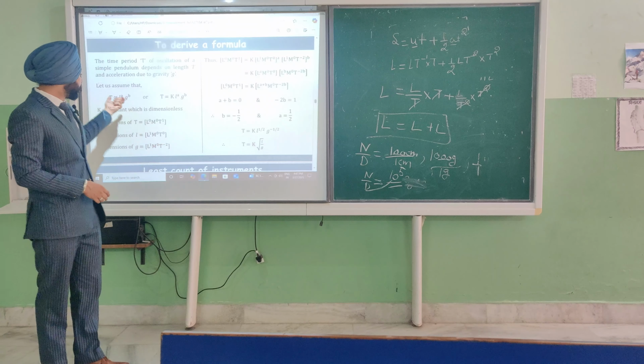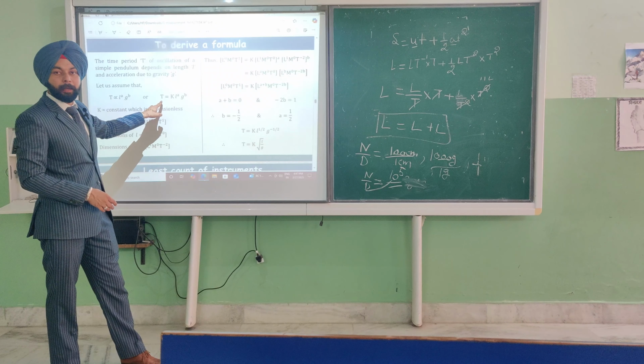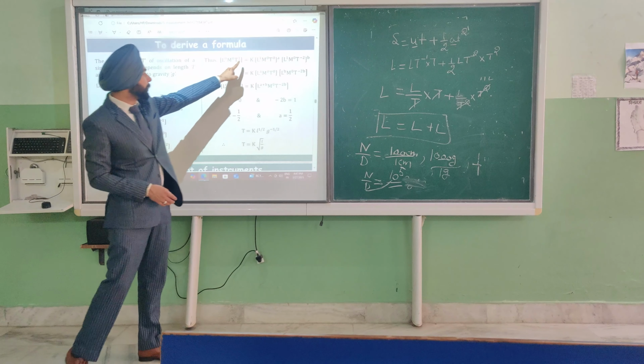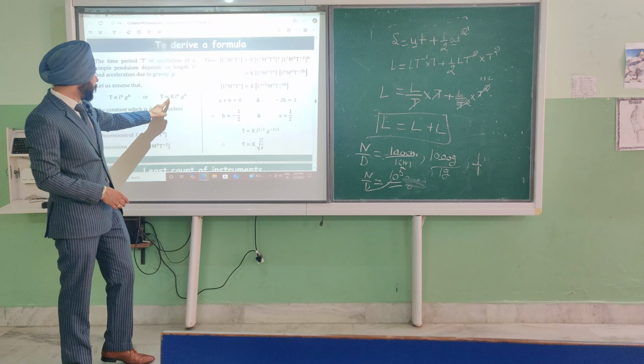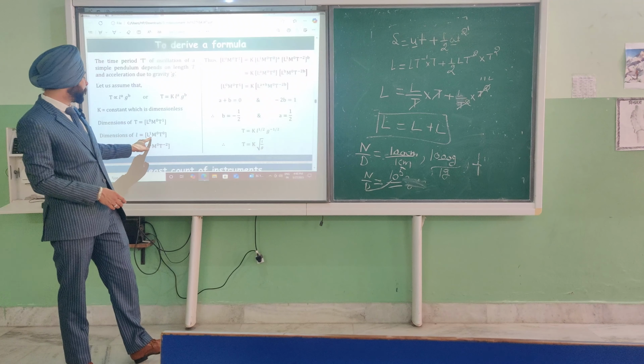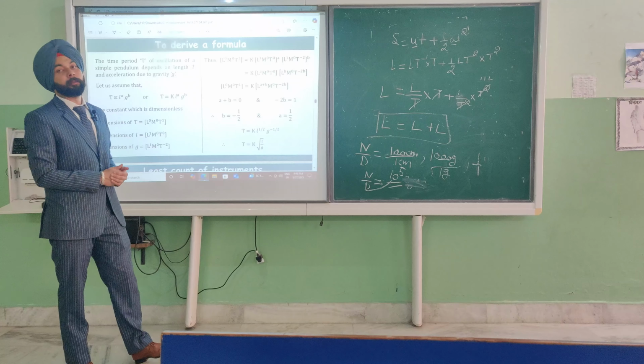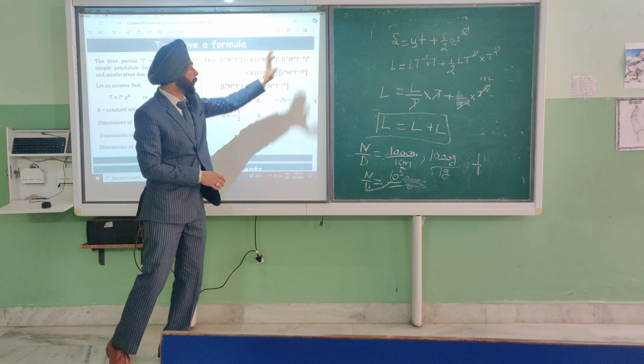Now from this, t is equal to M0 L0 T1 is equal to k. At the place of l we put this value, and at the place of g we put this value, and the powers are the same, a and b.